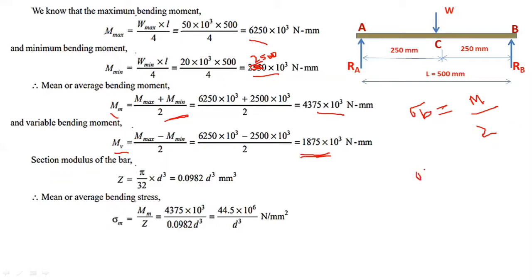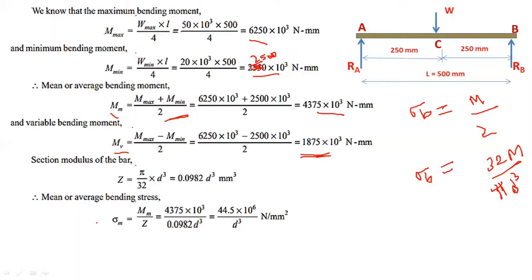So for a circle, sigma B equal to 32 M by pi d cube. This is the formula for bending stress.